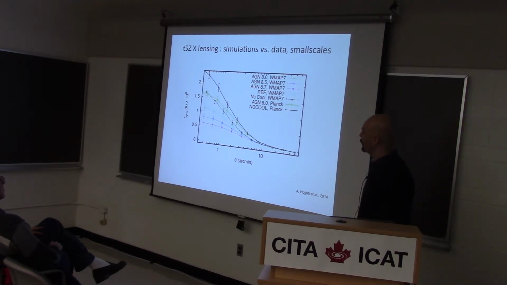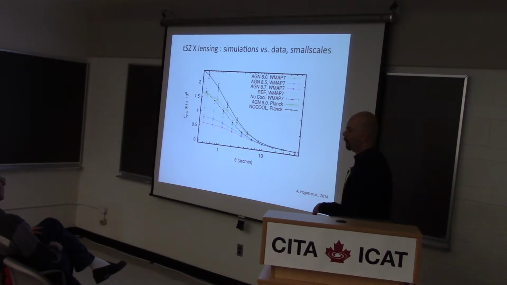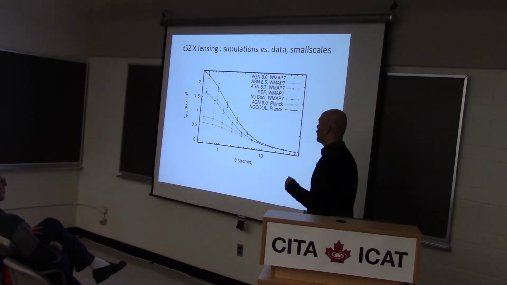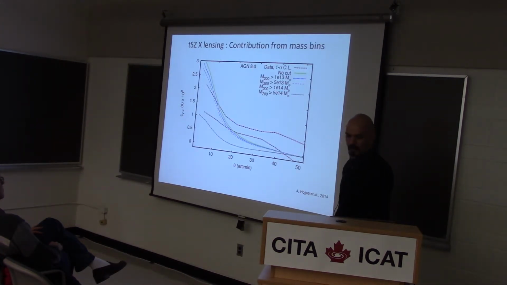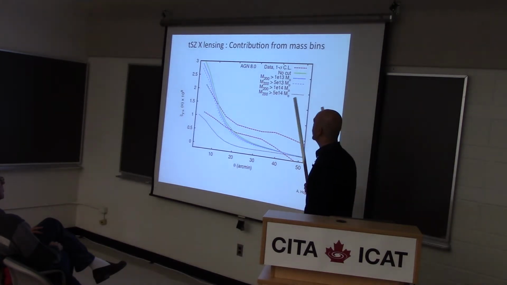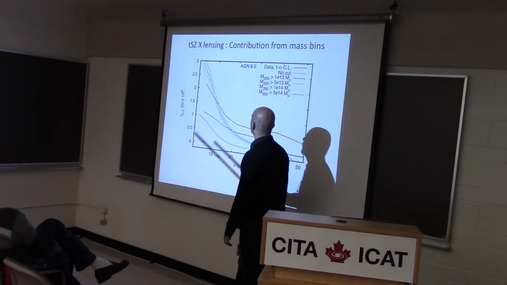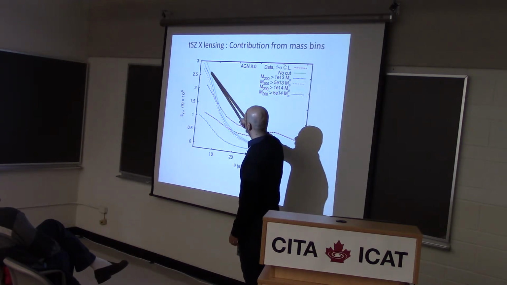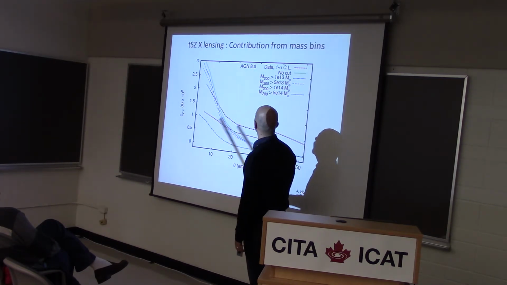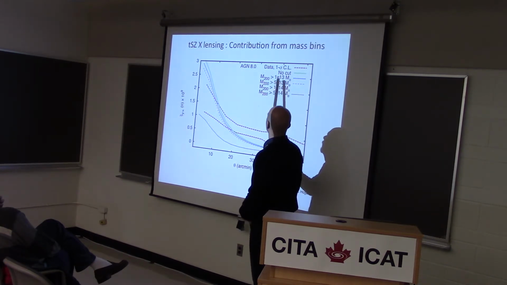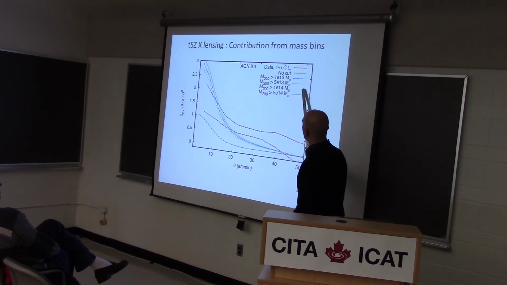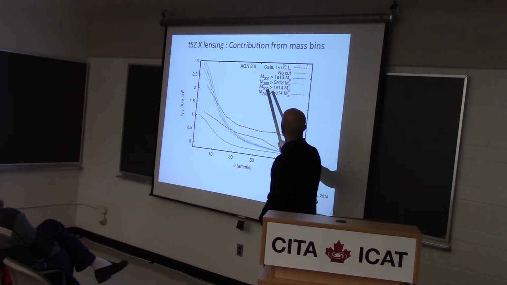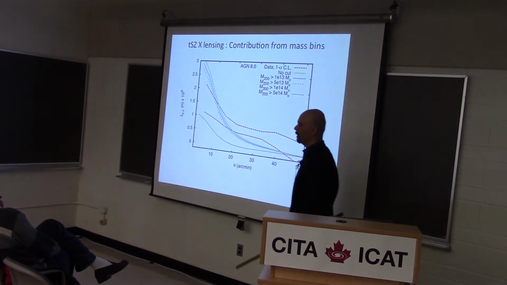But what was more interesting for us at the time were some predictions from the halo model, of how much of the signal is coming from which objects and at what distances. So here is a breakdown of the signal. Again we have the correlation function. This green one is the total signal. Then you remove clusters below some mass, and as you cut, you lose signal. Most of the signal is coming from clusters with masses between 1 and 5 times 10^14 solar masses.